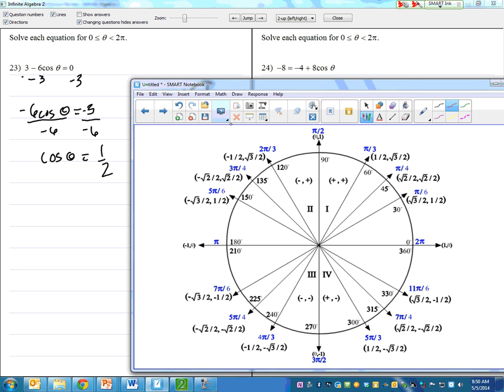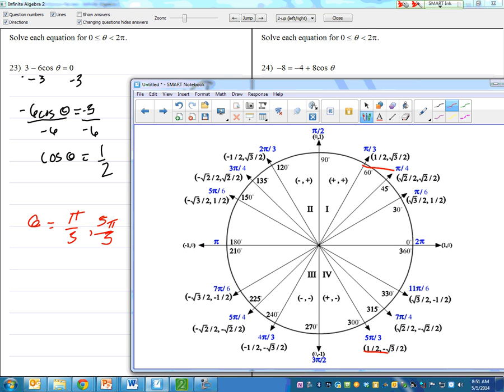So those values are going to be right here and right here. Okay, so those are our two values right there. So we have pi thirds and 5 pi thirds. So theta is going to equal pi thirds and 5 pi thirds. And those are my two solutions.